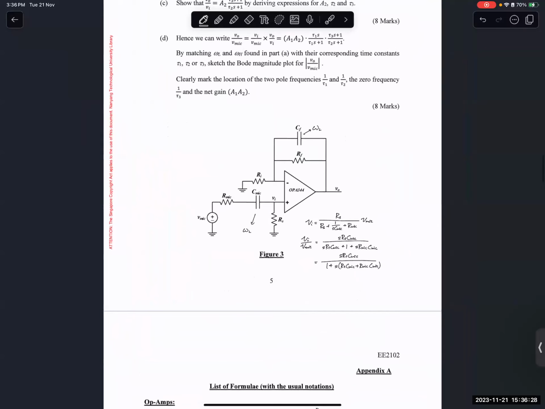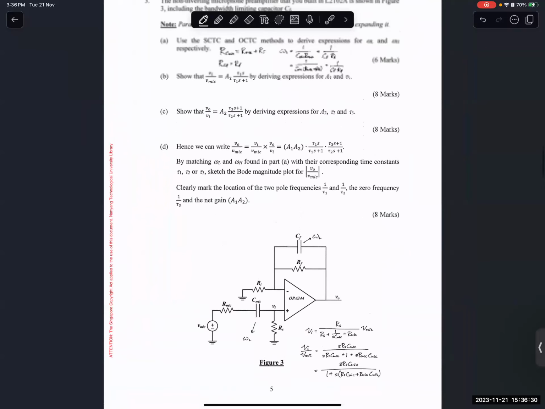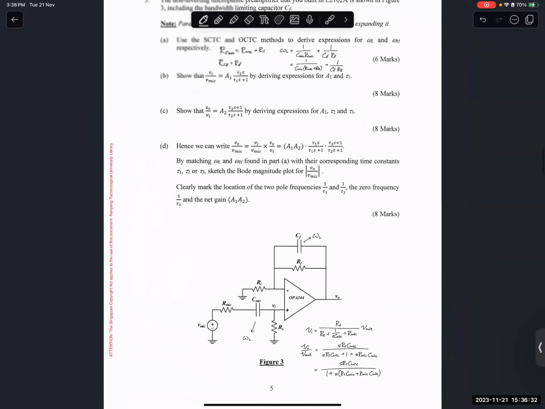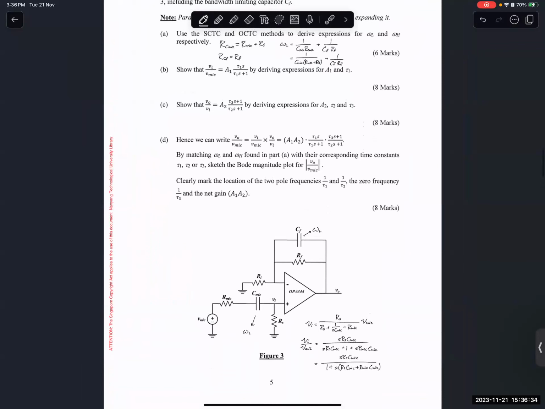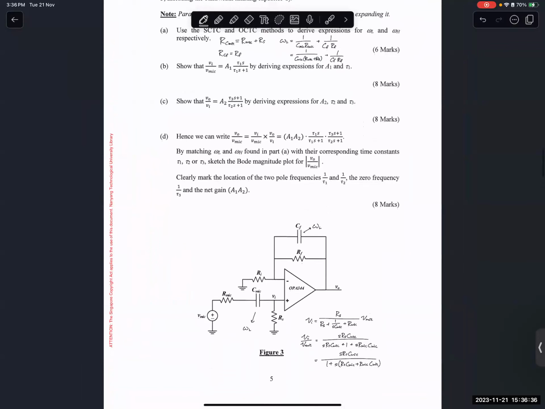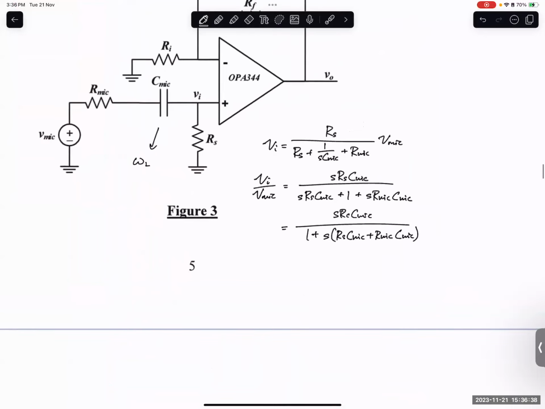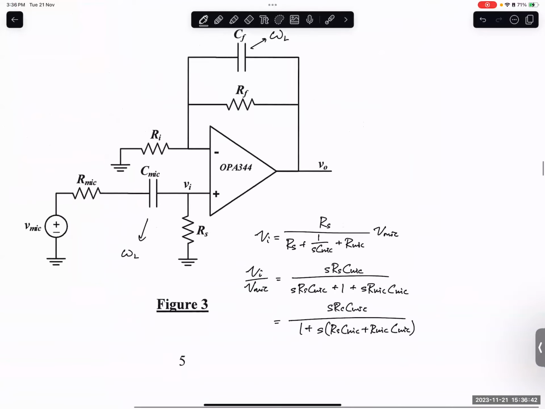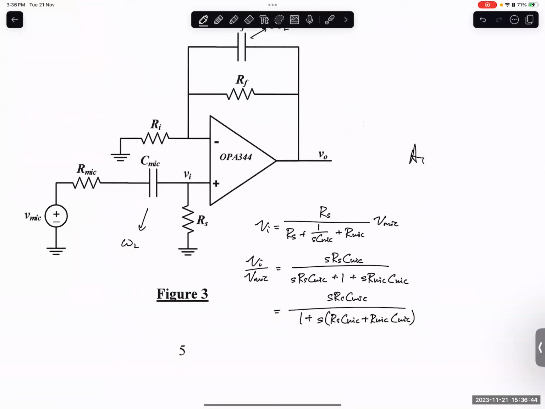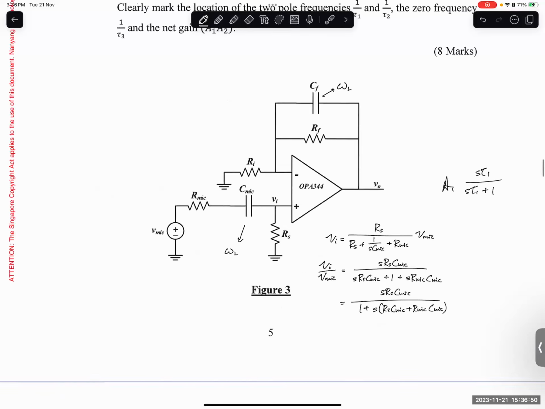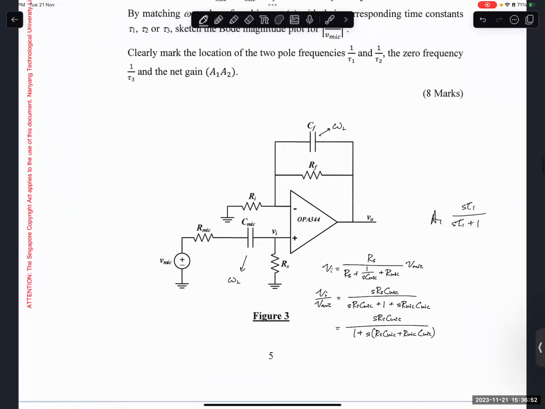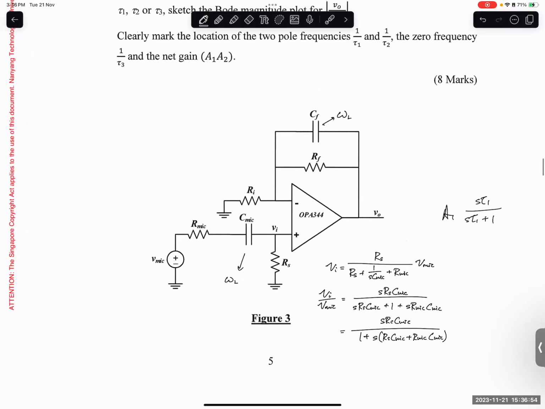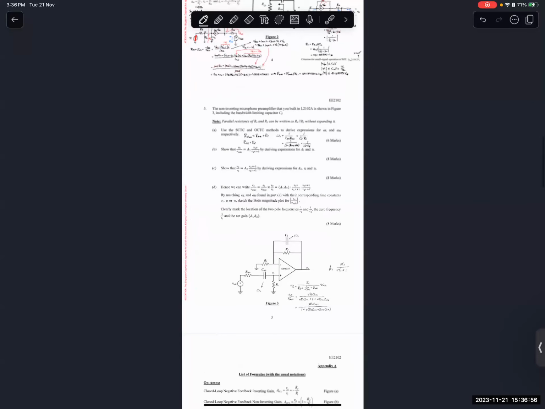Okay, let's see this part first. We need to convert it into A1, right? Then sτ1, right? sτ1 plus 1, right? Should be like that, right? Oh, it's τ R C. Oh, okay, yeah. Then you have it already.